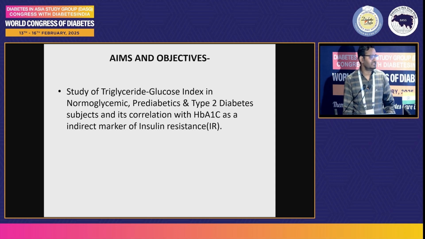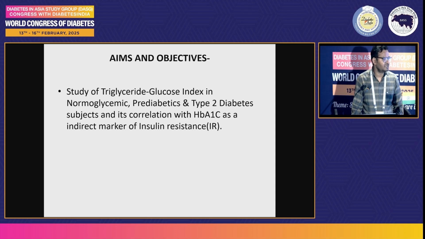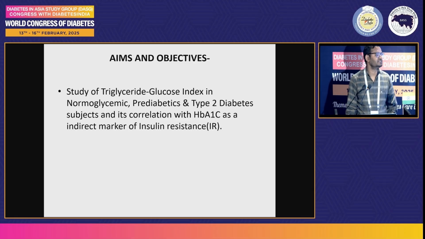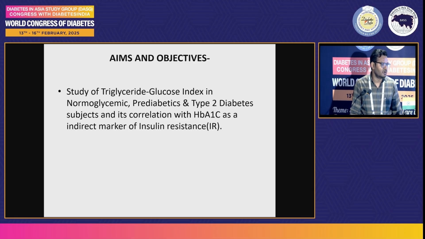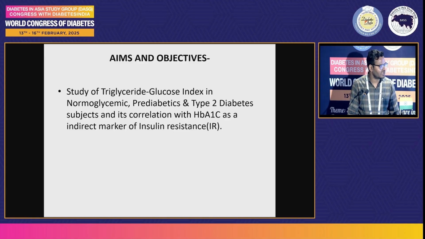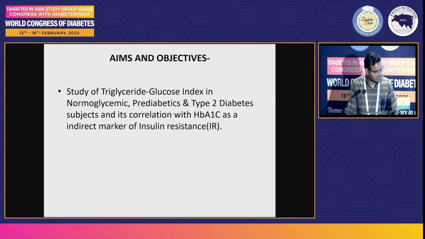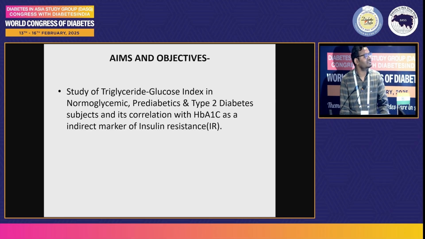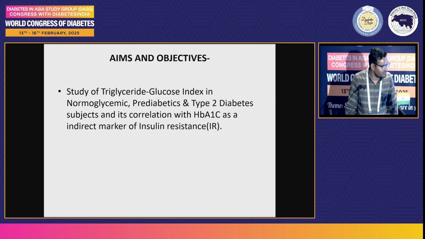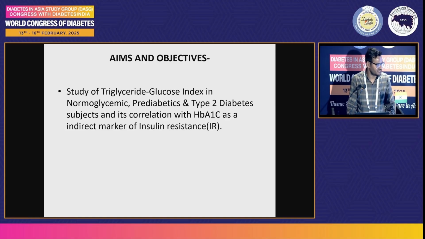Ma'am, the classical methods for insulin resistance measurement are the homeostatic model assessment, HOMA-IR method, or the euglycemic hyperinsulinemic clamp method. You select one, there will be only one aim, and compare it as a cost-effective method. Which aim is in this study? For insulin resistance, a cost-effective method by triglyceride and glucose index measurement. That's fine. Very good. Okay, fine.